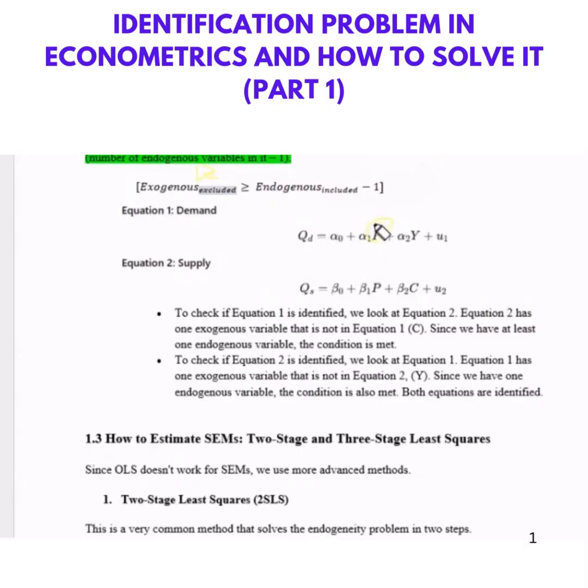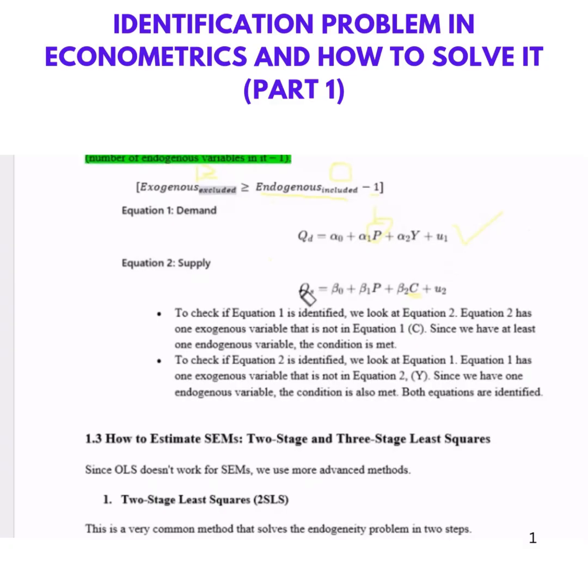So if you take P, minus 1, it will be 0, because you're saying endogenous variable included minus 1. It is one variable minus 1, which becomes 0. And we have already seen that exogenous variable excluded is 1, because it is only C which is excluded in this first equation. So 1 is greater or equal to 0, which is true. And because that expression is true, then we say that this equation is identified. We have all the information that we need.